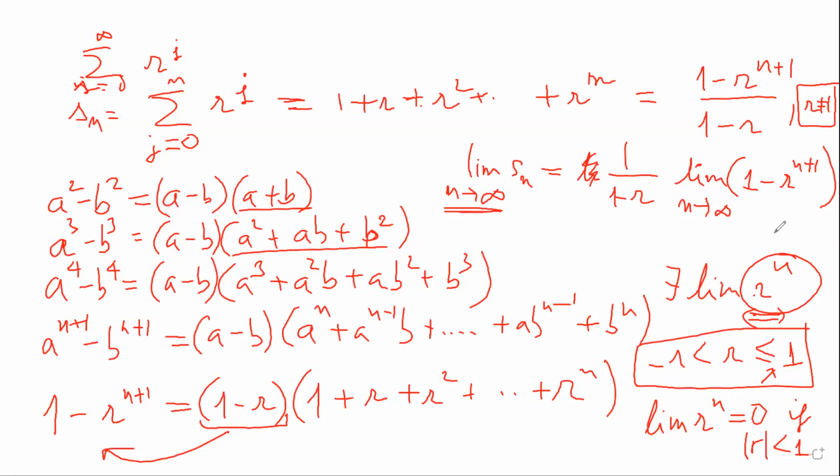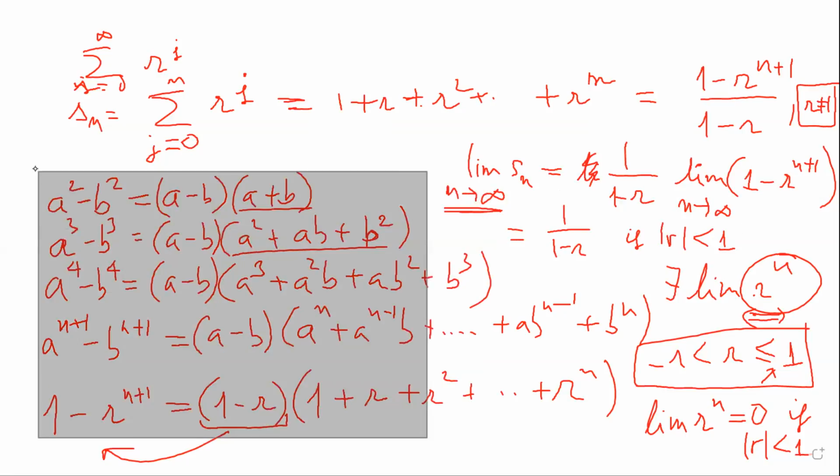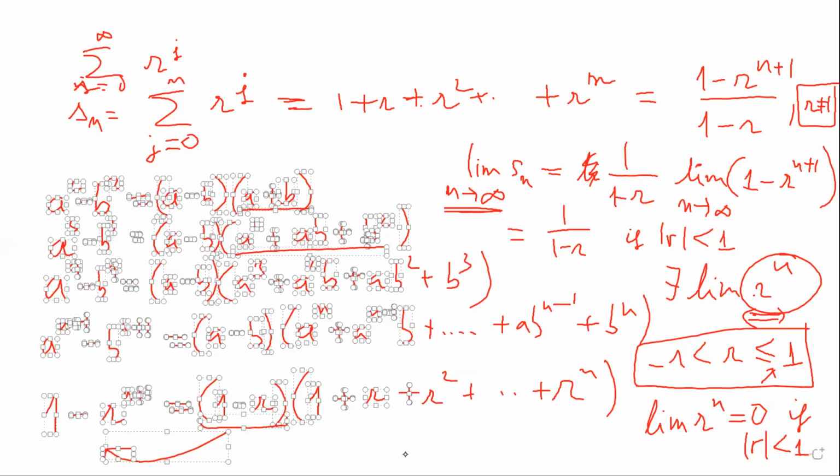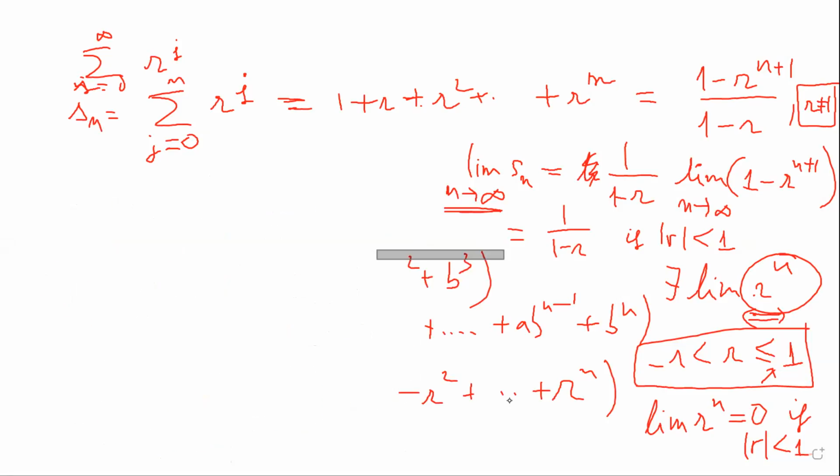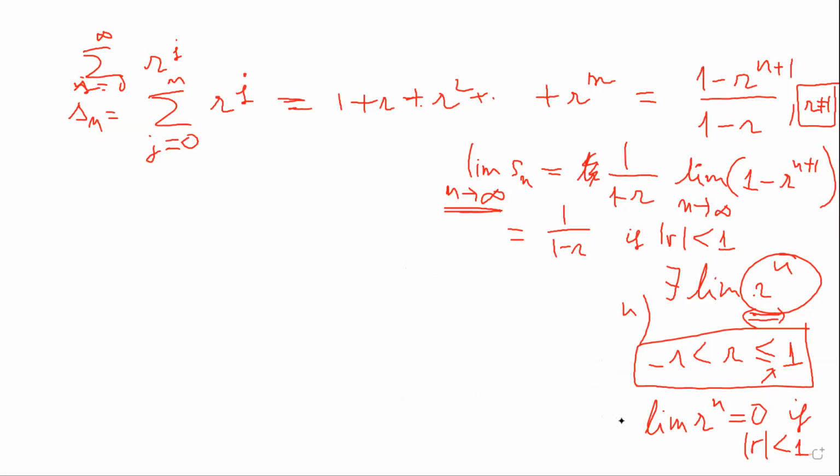Okay, so come back to this series. Then this is equal to 1 over 1 minus r if r is less than 1. And we also showed that when r is bigger than 1, then the series doesn't converge.